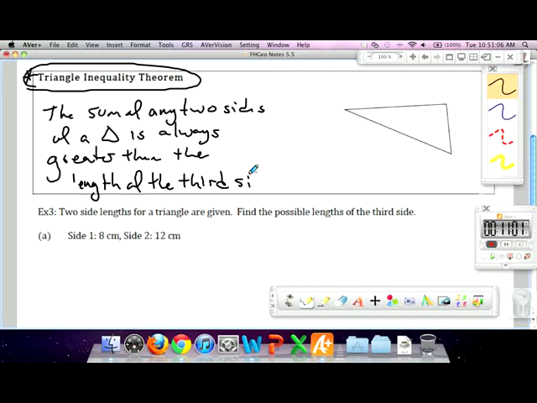Okay. It says that no matter how you choose, if you pick any two sides whatsoever in a triangle and you add their lengths together, it's always bigger than the third side.